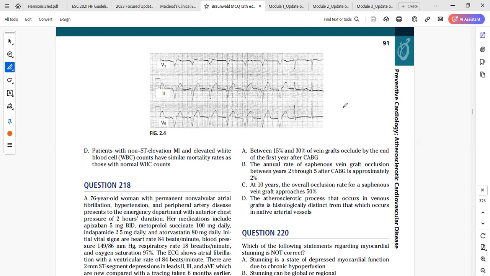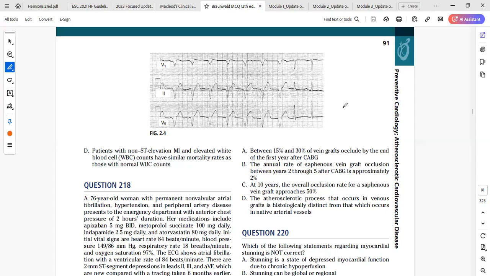A ventricular tachycardia will have the same widened QRS complex, but the rate is usually more than 100. If you have a rate between 50 to 100, it means it's an accelerated idioventricular rhythm. Then if it's between 20 and 40, it just means it's a ventricular escape rhythm. So for this patient, the rate, I said, is about 85.